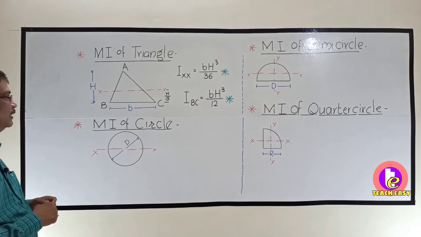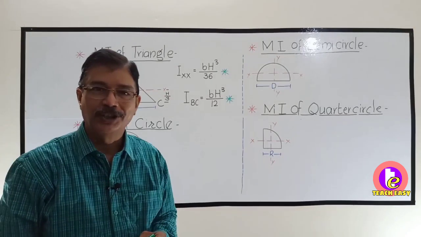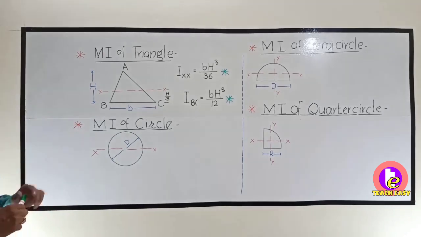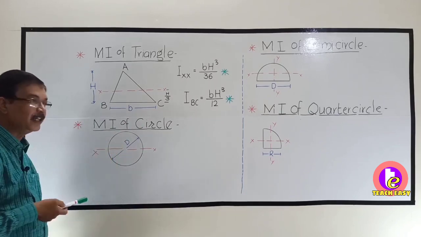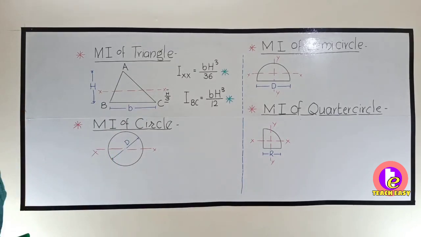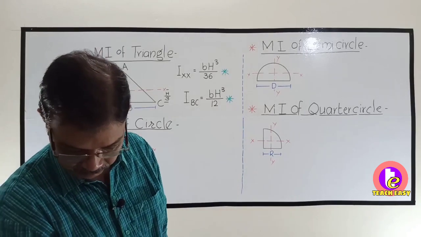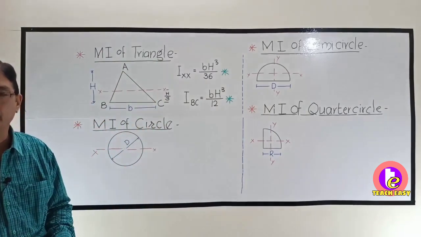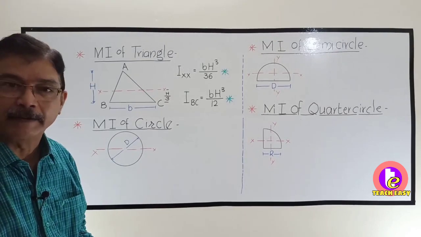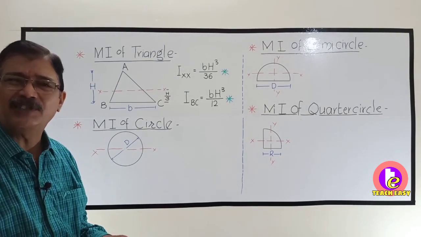Now let us consider the next standard geometrical figure, that is circle. Now here you can see the circle of diameter d. Always keep in mind, whenever you are finding out moment of inertia, you have to have a knowledge of symmetry. Now what is symmetry? It is very simple.